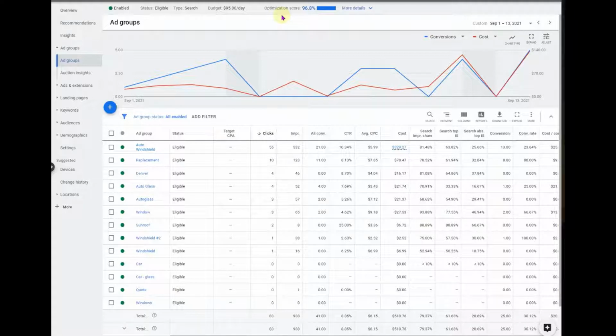First, don't apply the maximize conversions bid strategy on every campaign that you have. Apply it to one, and then you need to realize that the budget that you have set, whether it's $100 or $500 a day, Google is going to use that and a lot more while it's learning.